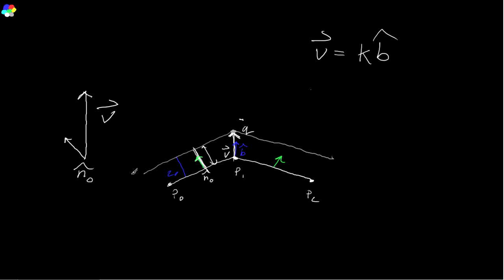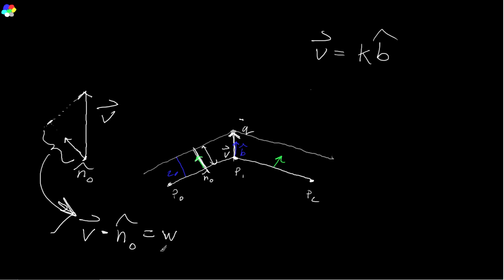Now, if we do v dot n sub 0 hat, we're going to get the projection to here. It's going to be a scalar, so it's just going to be this distance. That's going to be equal to the width. We'll just define the width as w.